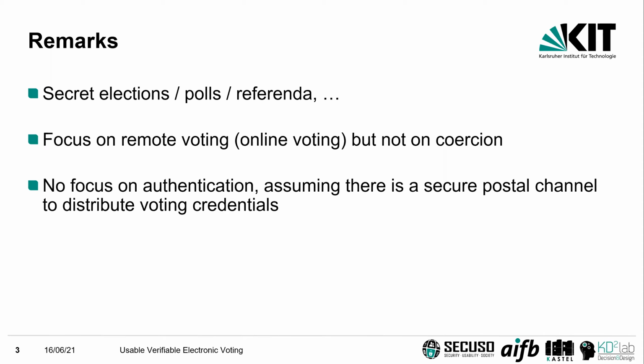I will also not focus on authentication. I simply assume that there is a secure postal channel to distribute voting credentials, or that voters, like in Estonia, already have an electronic ID card that they can use to authenticate to the system.